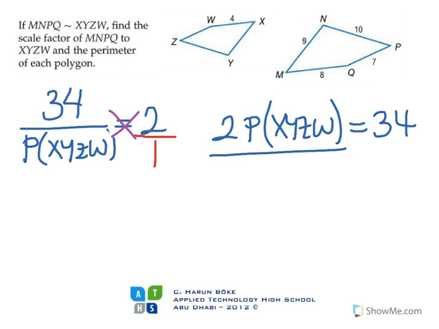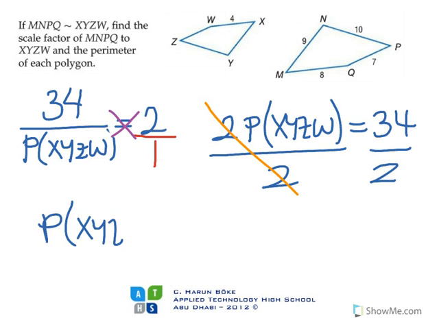Now here, dividing by 2 will give us the perimeter of XYZW being 34 divided by 2, which is actually 17. So the perimeter of the quadrilateral XYZW is nothing but 17.